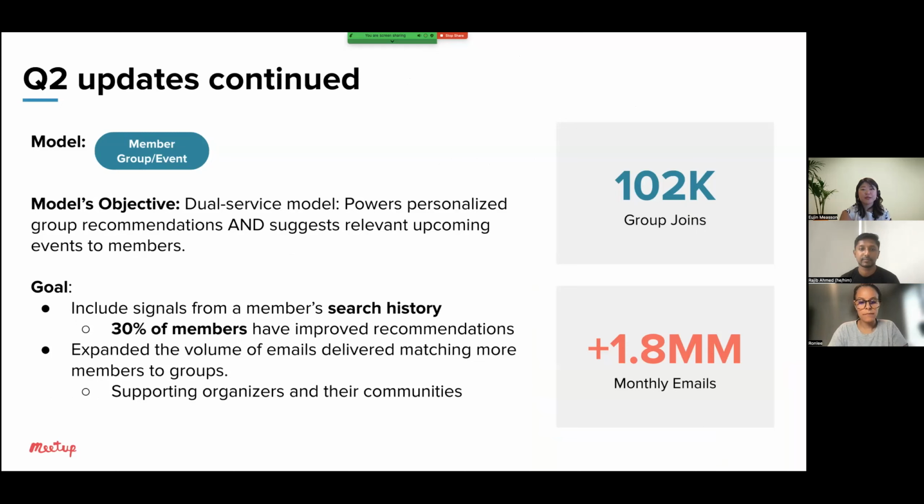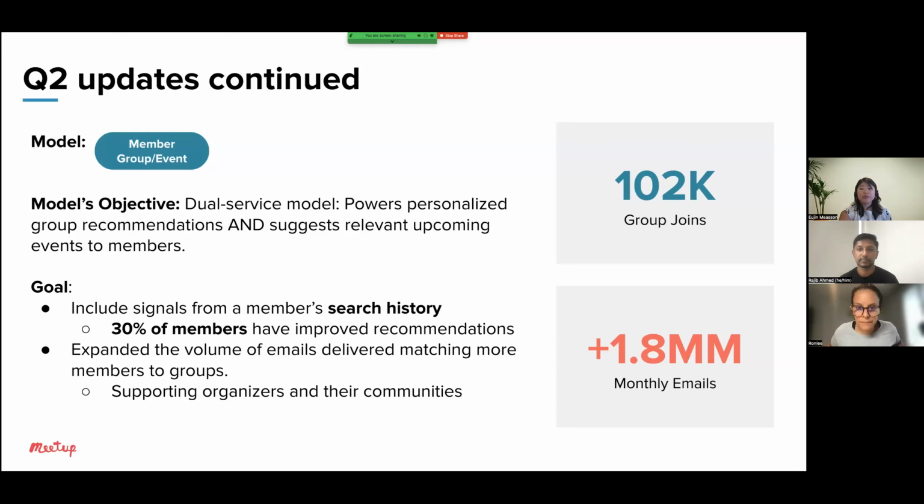Along with our new group announcement model, we made some enhancements to our member group, member event model. This model is a dual service model, as the name suggests. It powers personalized group recommendations and suggests relevant upcoming events to members. For Q2, we improved recommendations with this model by including signals from a member's search history.